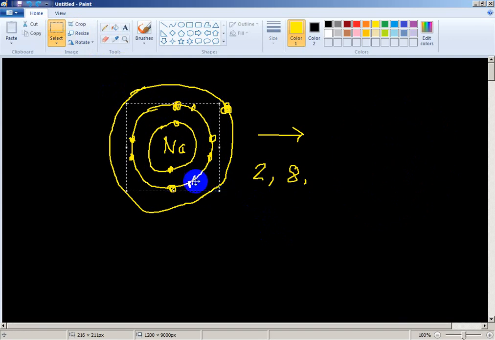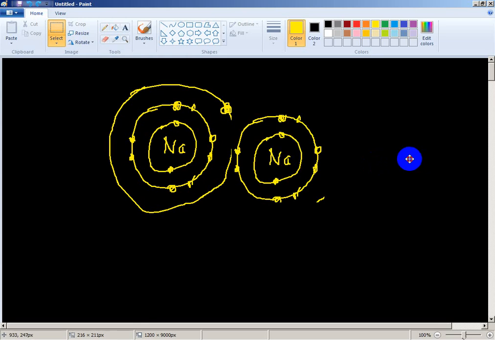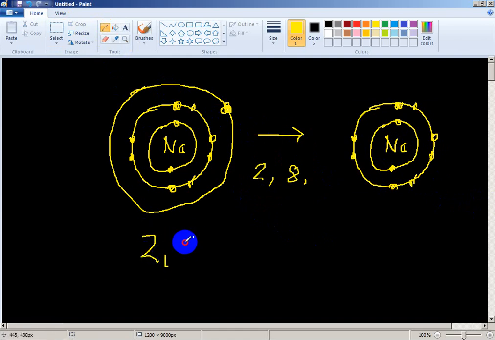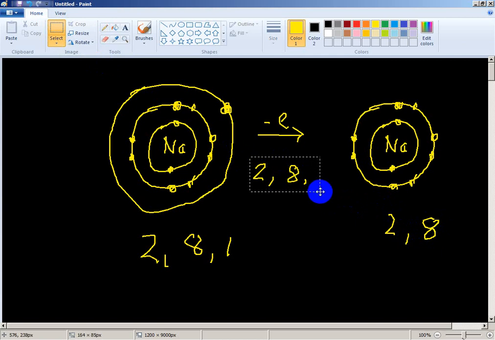So it lost 1 electron. Here it was 2,8,1; having lost 1 electron it becomes 2,8. So it gained a stable electronic configuration, like the noble gas electronic configuration.